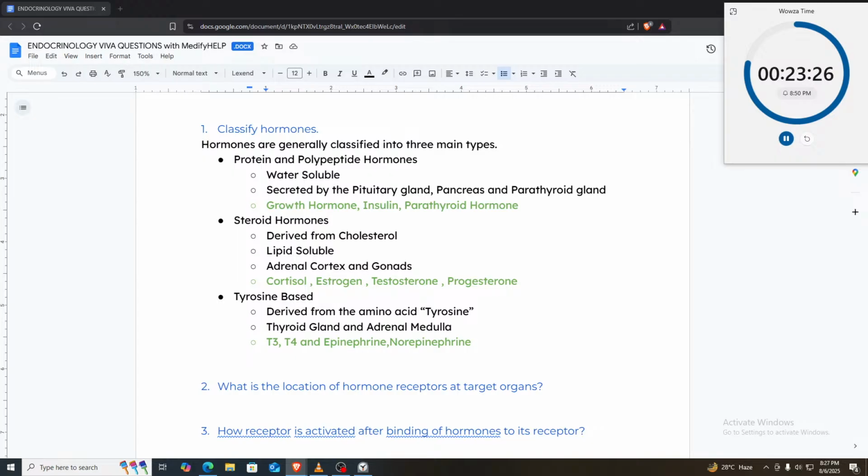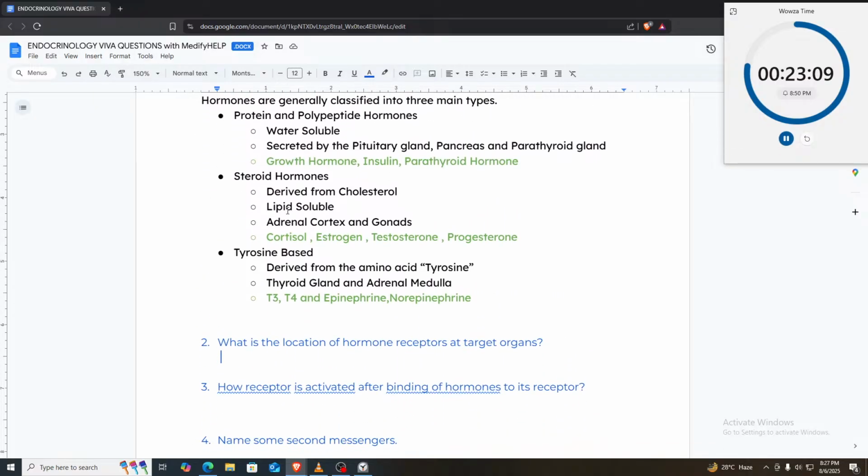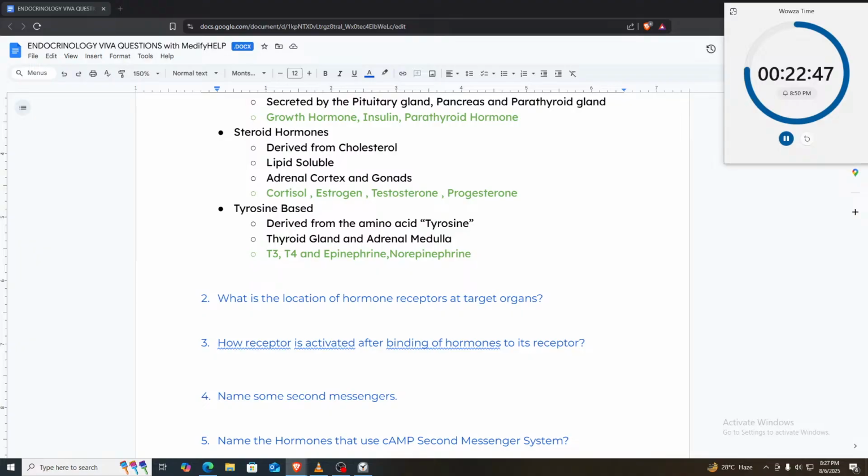That's not a necessity. Okay, what is the location of hormone receptors at target organs? Now that's a good question, basically an additional detail on top of this. How would you go about this? Of course, it's going to be classifications, depending on the type of hormone. There are basically cell membrane receptors, cytoplasmic receptors, and nuclear receptors.